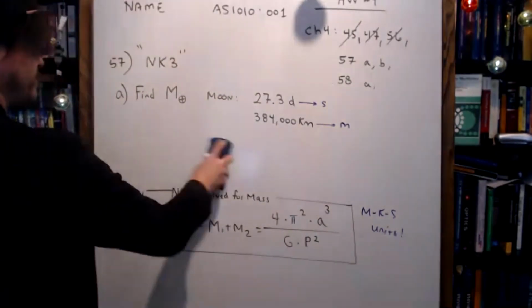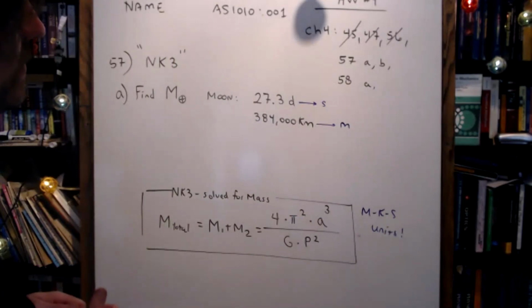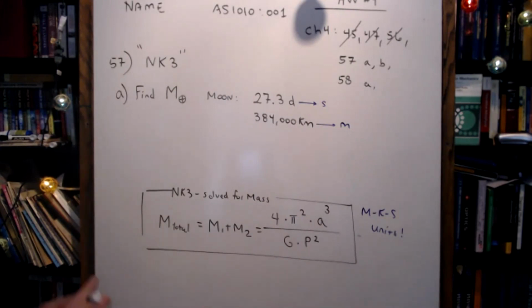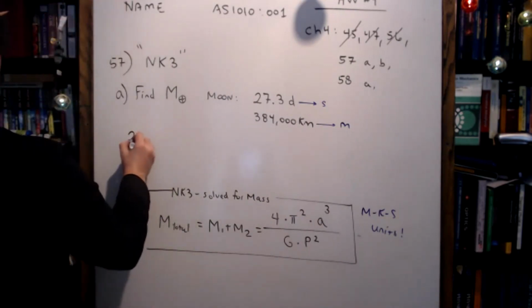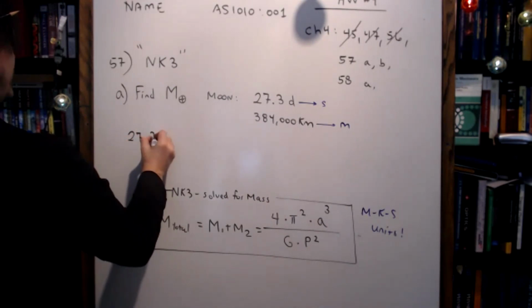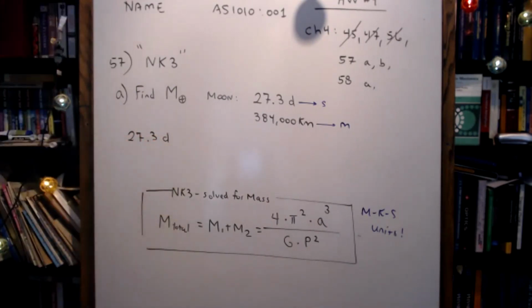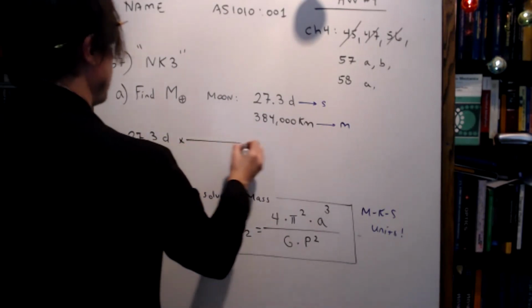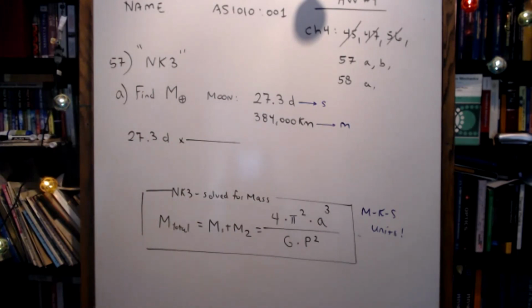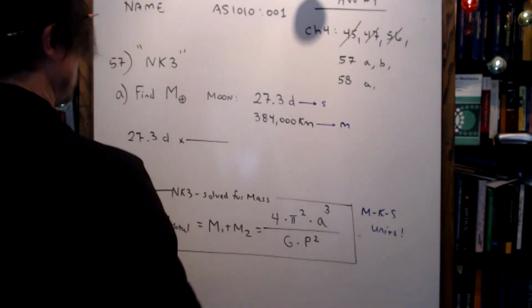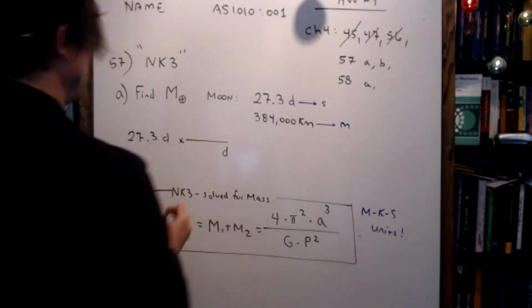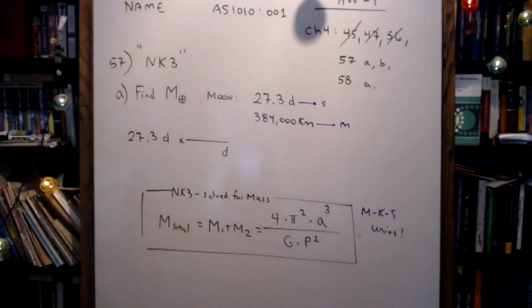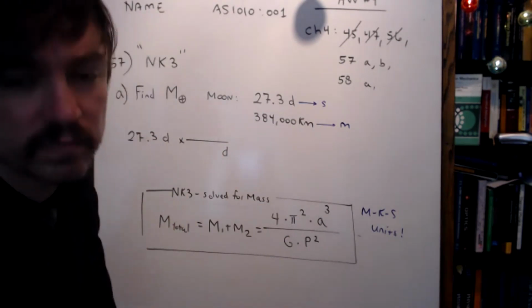Okay, so it would be. How do I go about it? Okay. So write down your number you want to convert, with its units. And then multiply by the division bar, and then units, so days on the bottom. And we're going to seconds. Can we just do seconds on top?